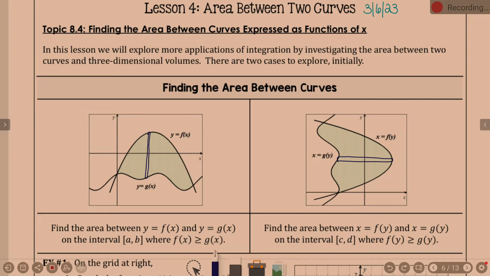So big difference is these equations here are going to be solved for x in terms of y. Okay? So solved for x and in terms of y. Whereas these over here, if you want to put the note, these are solved for y in terms of x. Okay?